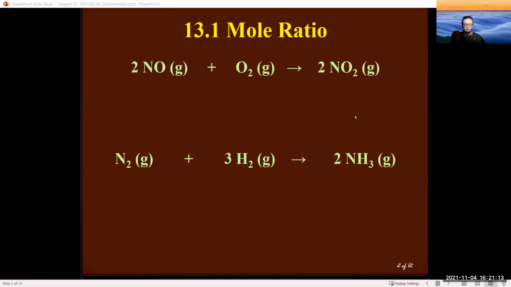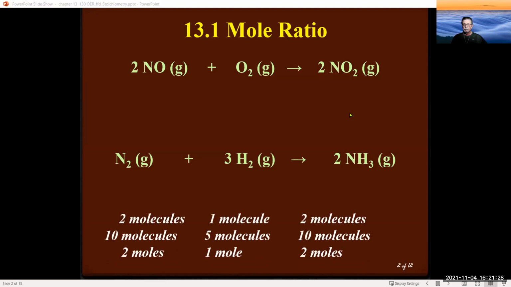So for example, if we have a reaction as follows, where we have 2 nitrogen monoxides reacting with 1 oxygen, we result in obtaining 2 nitrogen dioxide. Okay.